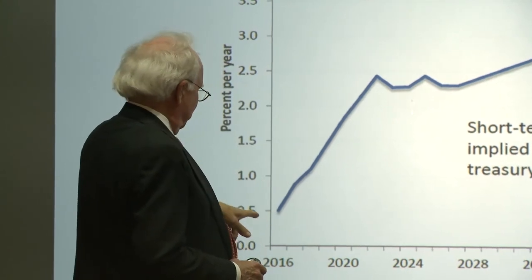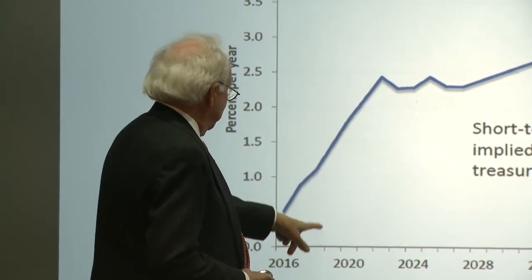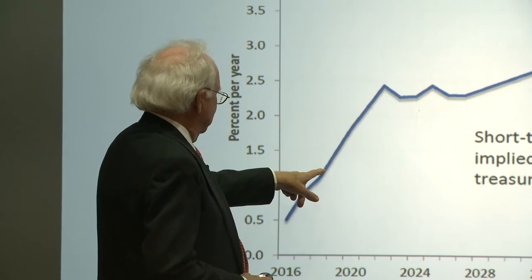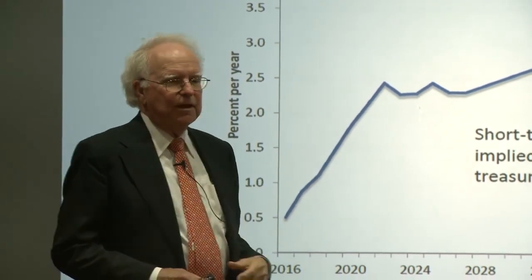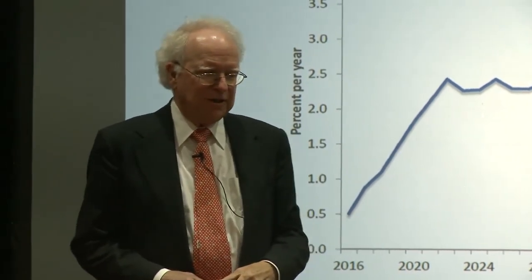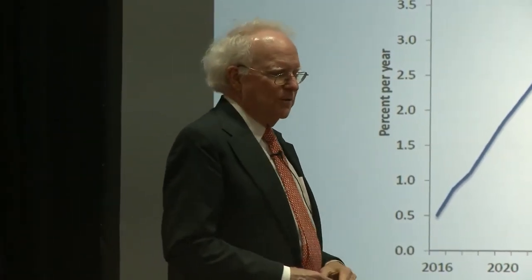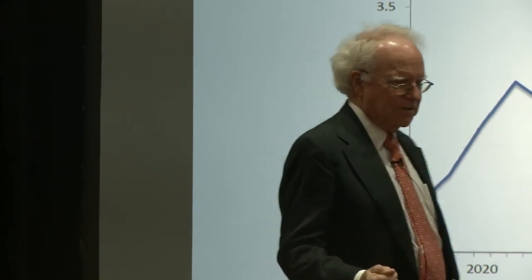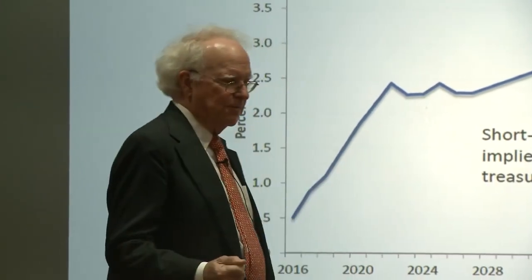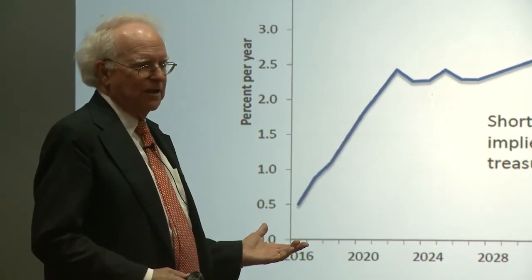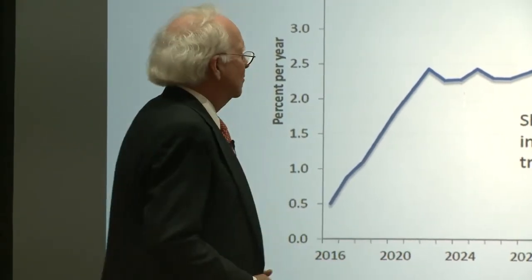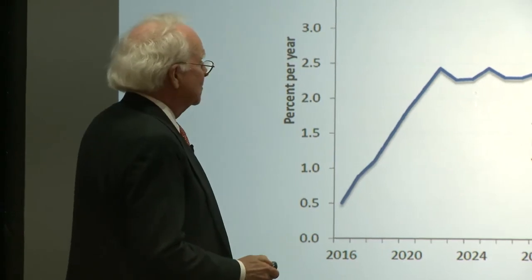For example, if we take 2018, then Wall Street says that the interest rate's going to be 1.2%. If there's a recession in 2018, the contribution that the Federal Reserve can make to offsetting that recession is very small. It's 1.2 percentage points, which is nothing like the way policy has behaved.